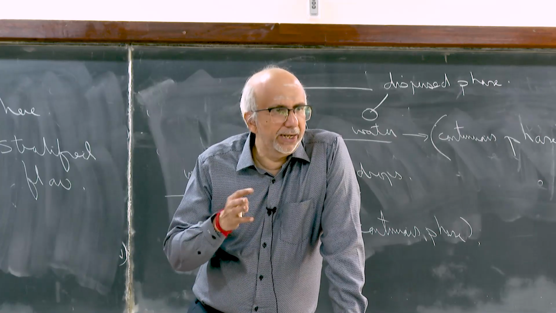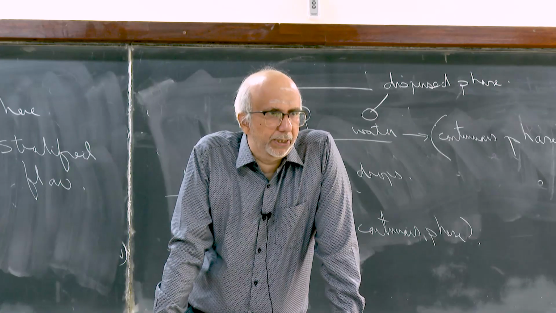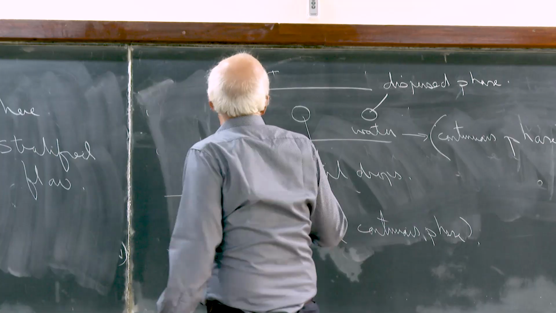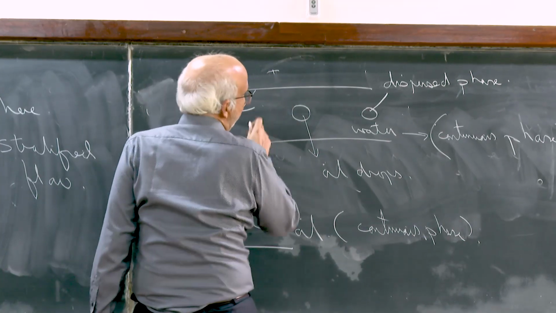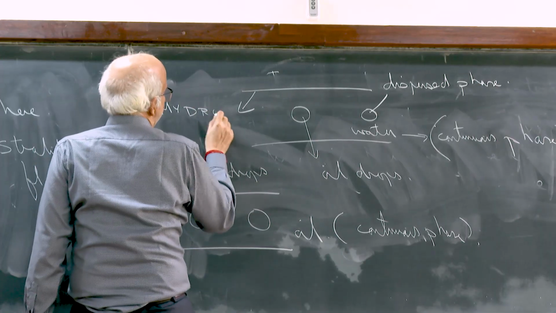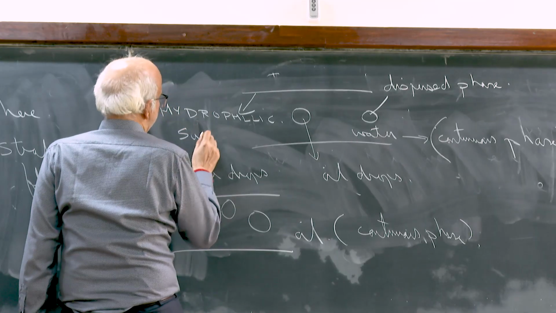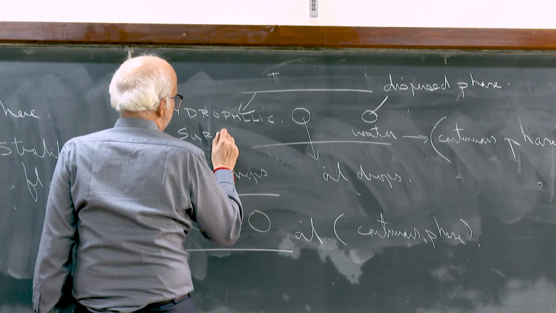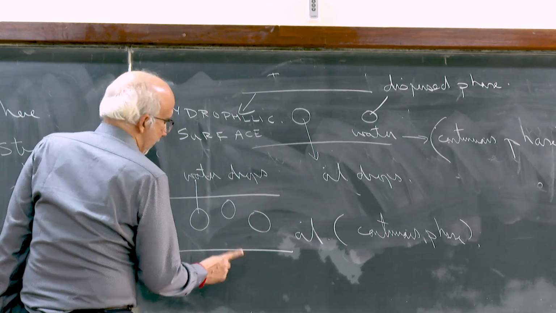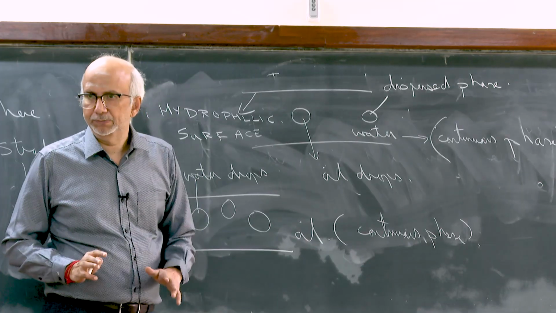So I need to understand these concepts of hydrophobicity and hydrophilicity, depending on whether I want this or that. This will be for a hydrophilic surface, and this is for a hydrophobic surface, when oil will be the continuous phase. The surface does not like water.